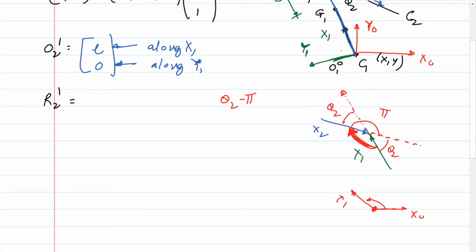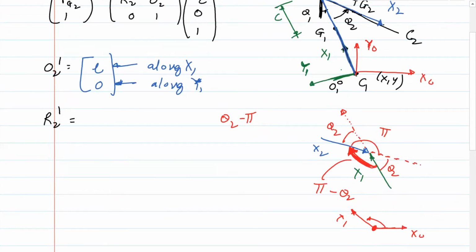In this case, the heads are touching, which is fine. And so this angle is basically pi minus theta 2. Is that right? So pi is this. So here's where you have to be careful about the directions too. So this angle is pointing this way. So we have it this way. And so this angle, if you change the direction of the angle, you have it minus theta 2.